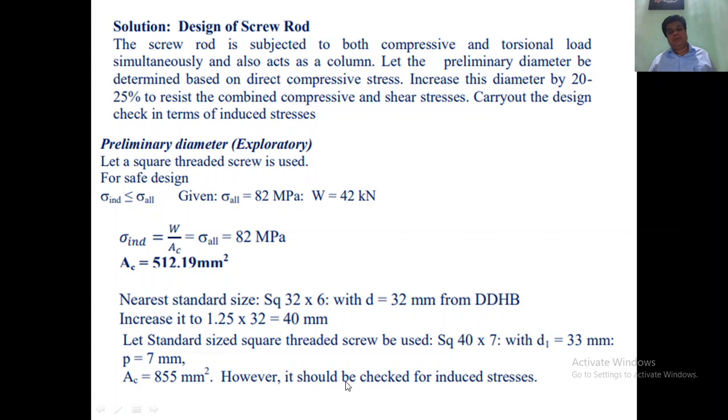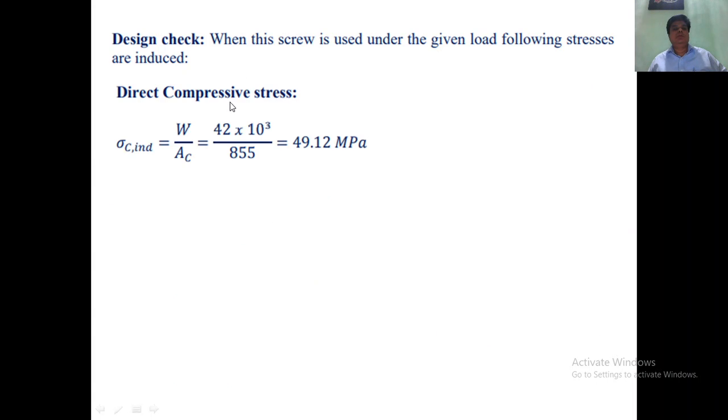So we have to check the induced stresses again. With this diameter and pitch, we check the stresses induced in the material of the screw rod, and they should be less than the allowable strength of the material. Once the diameter or area is known and the load applied is known, you can calculate the induced stress.